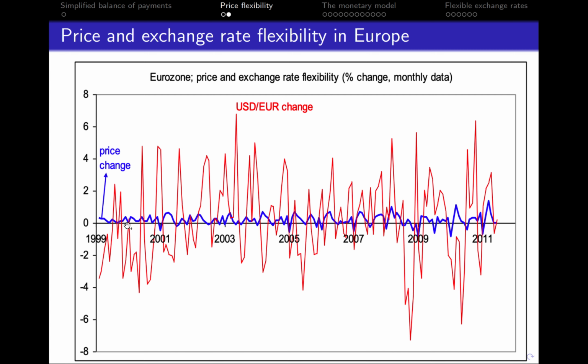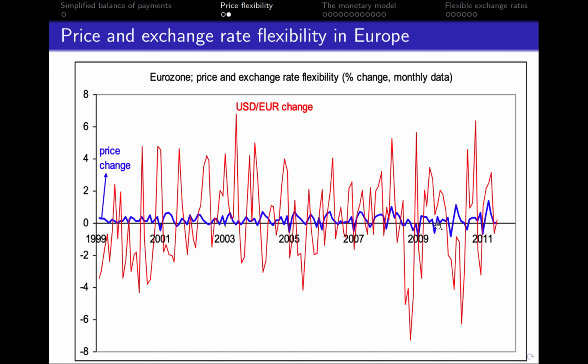Here you see the growth rate of the price level in blue for the Eurozone between 1999 and 2011, and in red you see the growth rate, so percentage changes, of course with the same frequency for both prices and exchange rates, for the dollar euro exchange rate.